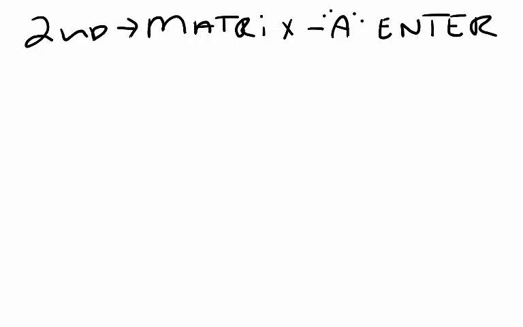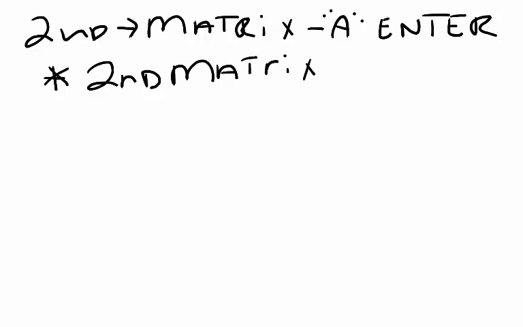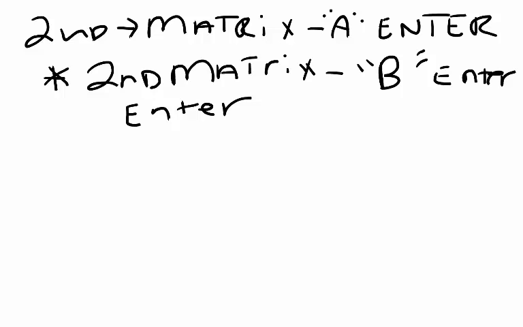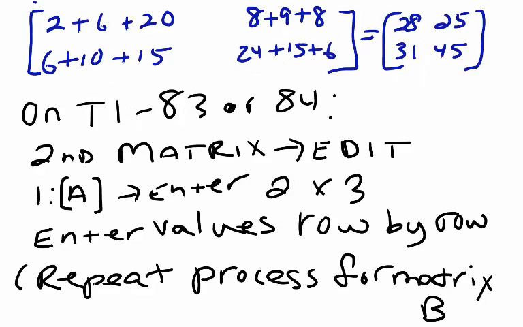Then you can press the multiplication button, and then we'll go back to second matrix, and next we'll choose matrix B. Press enter, and then press enter again, and you'll see the same result that we got when we worked it out by hand.